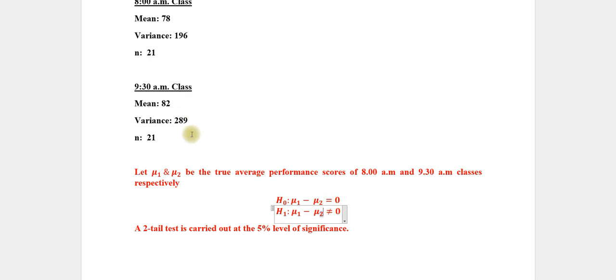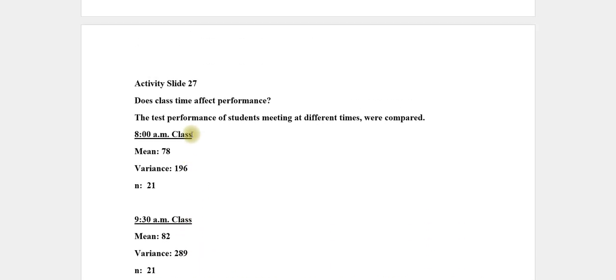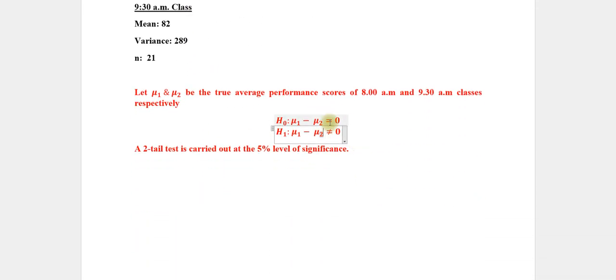But in this particular context, it's asking does class time affect performance? So in other words, it's either affecting it positively or negatively, but in any case, it's not equal to 0.